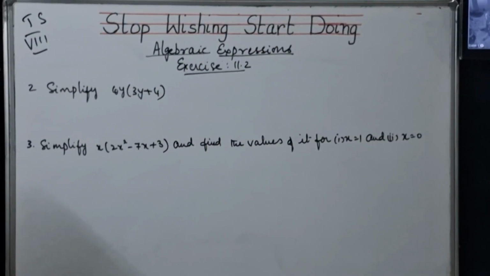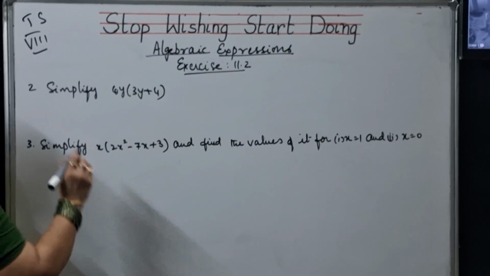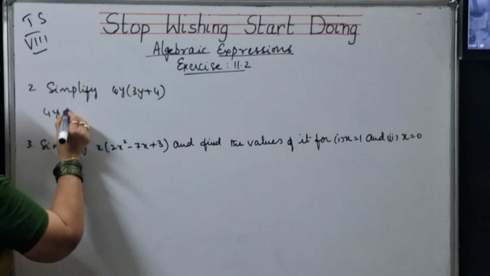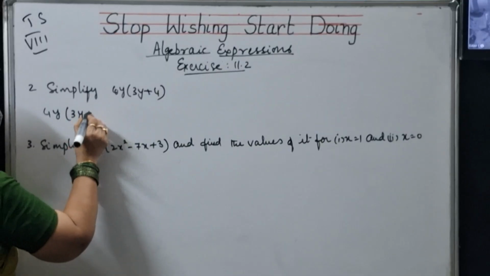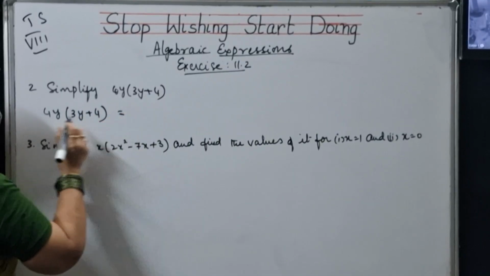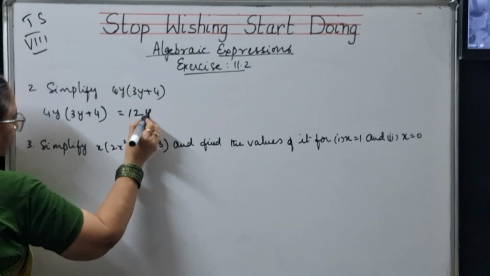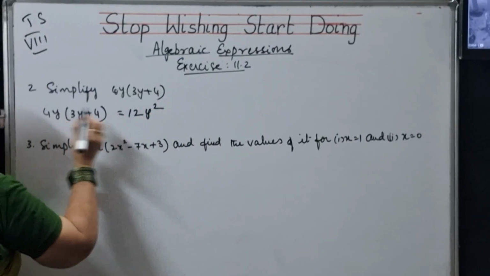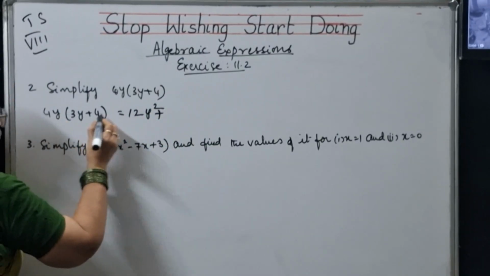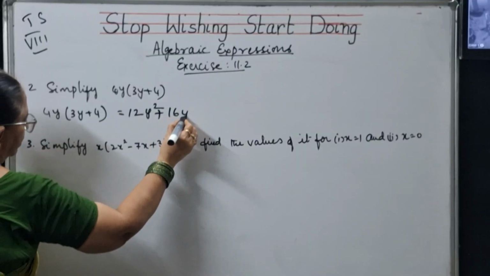Now 11.2 second one. Simplify 4y into 3y plus 4. So 4y into 3y plus 4 is equal to 4 threes are 12, y into y square, plus, plus into plus is plus, 4 fours are 16y.